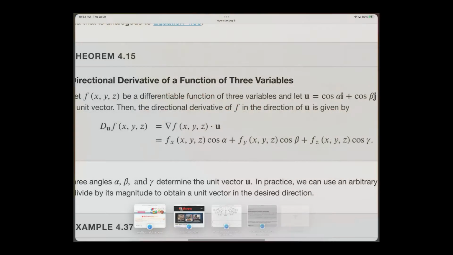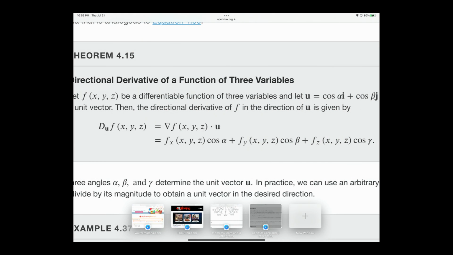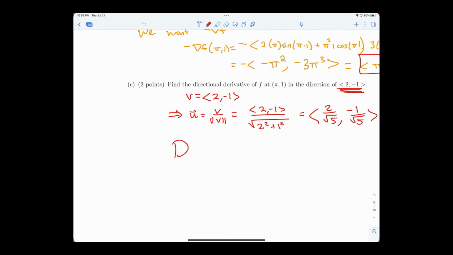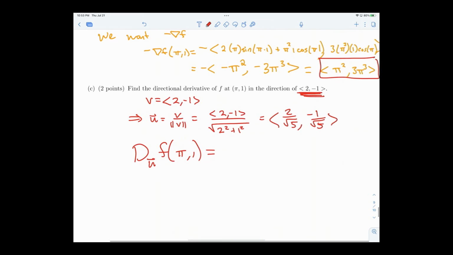Then my directional derivative. So look at the notation here: directional derivative in the direction of u of f at a point. So the directional derivative in the direction of u of f evaluated at pi comma 1 would be the gradient of f evaluated at pi comma 1 dot with that u.